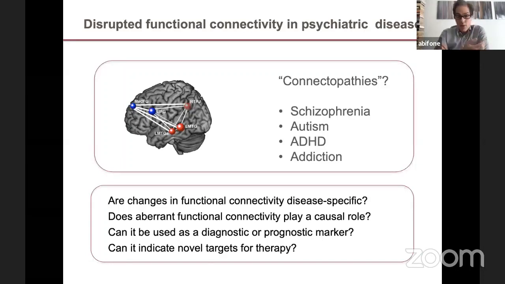And finally, and most importantly, if we tweak functional connectivity, can we actually change behavior? Can we actually have an effect on some of these symptoms so that they can be used to develop new therapies?